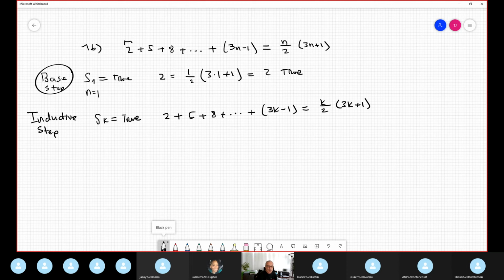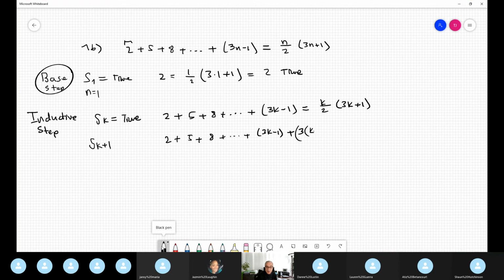Now I try to create the expression for a sub k plus 1, which is the next after this. Well, this is exactly the same, plus 5, plus 8, and so on. I copy this exactly the same, which is 3k minus 1, but you include one extra, which is the next. And the next is 3 times (k plus 1 minus 1).